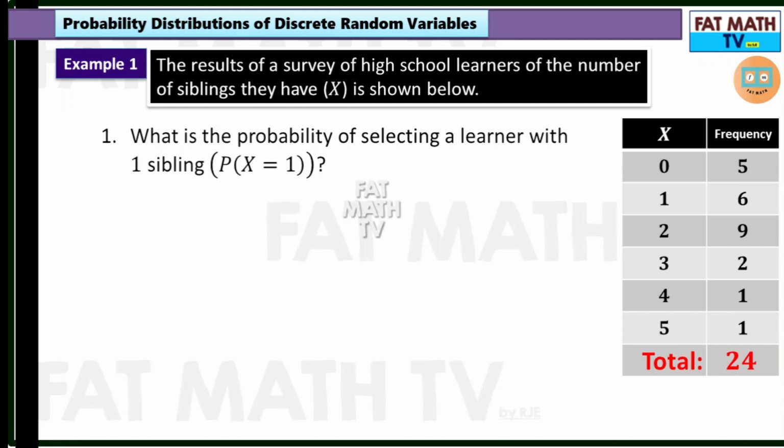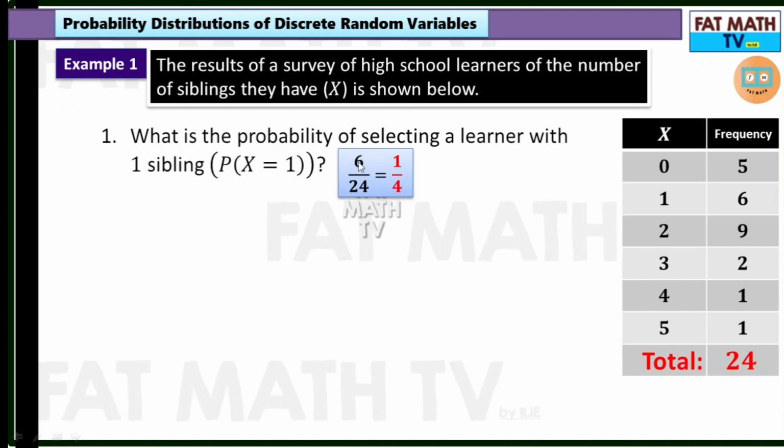This is the total number of learners. So there are 6 learners with 1 sibling. So the probability of selecting a learner that has 1 sibling is 6 out of 24.